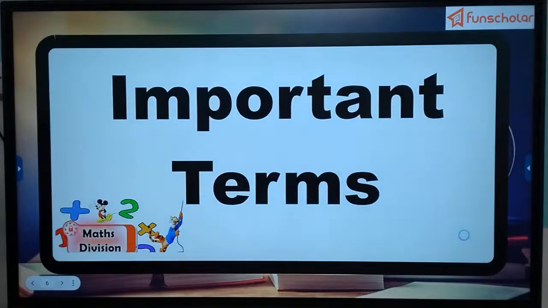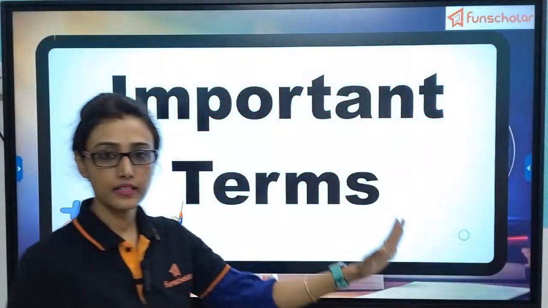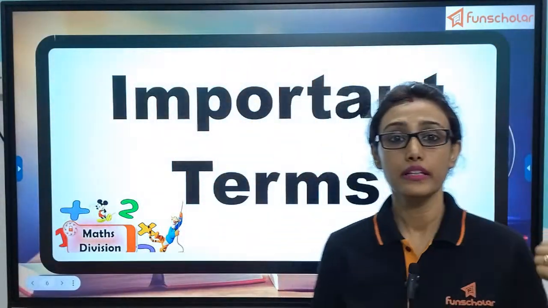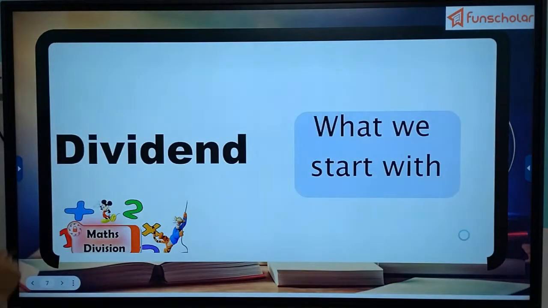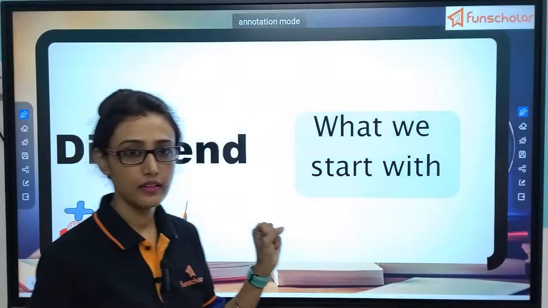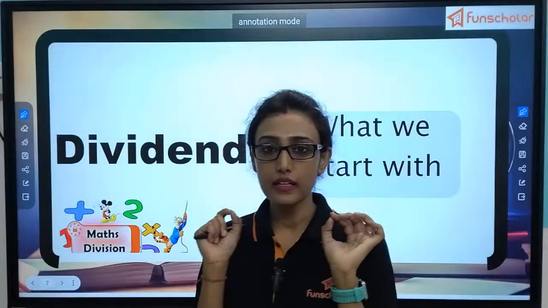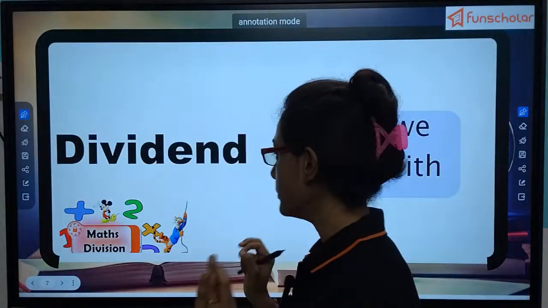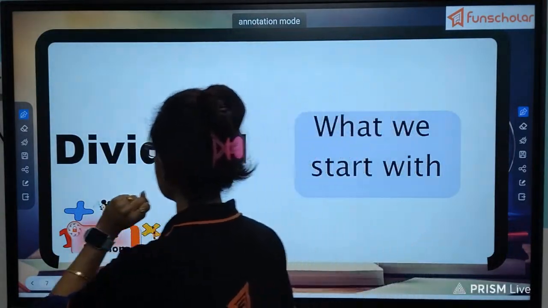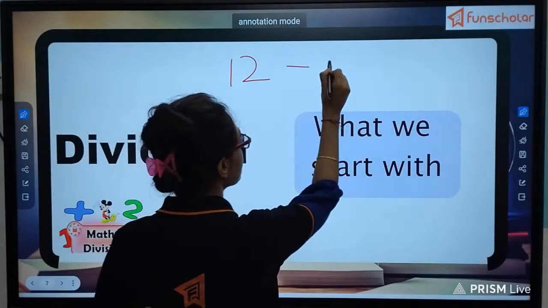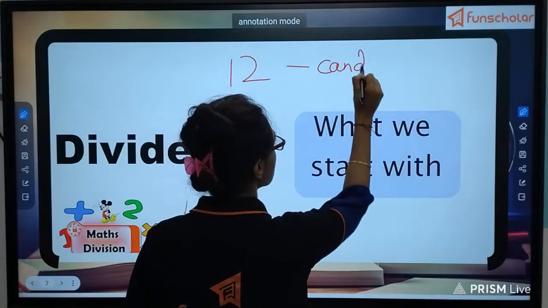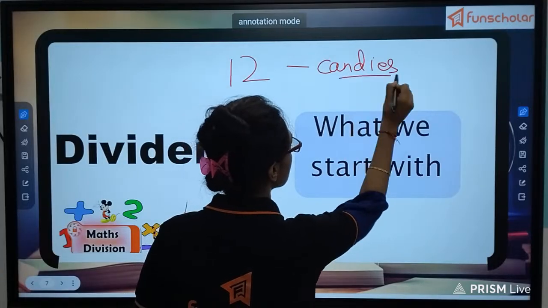See? Now some important terms related to division. Let us know what they are. First is dividend. What is dividend? The bigger number, what we start with, is known as dividend. Suppose we are taking 12 candies.